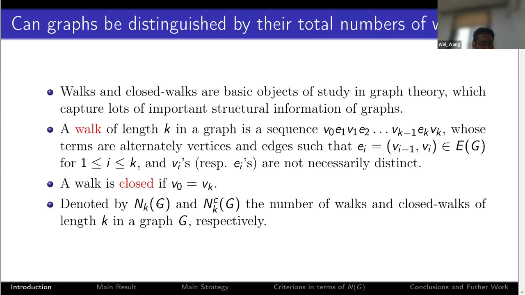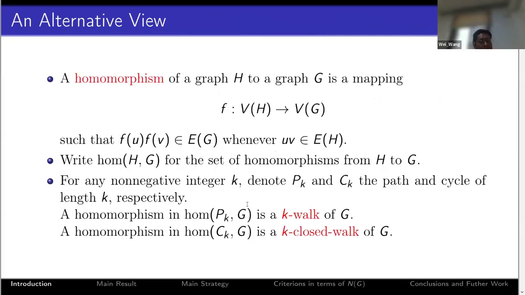We shall denote by N_k(G) and N_k^c(G) the number of walks and the number of closed walks of length k in a graph. So the problem is, can we distinguish graphs by the sequences N_k(G) and N_k^c(G)? Let's look at the problem from another view.